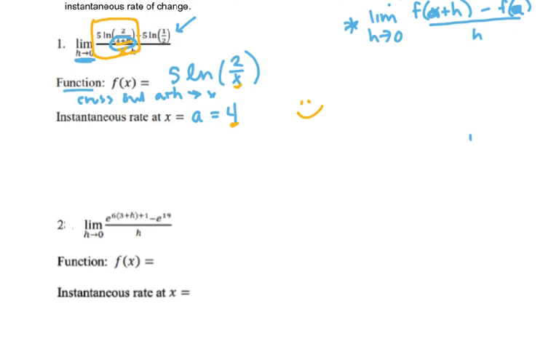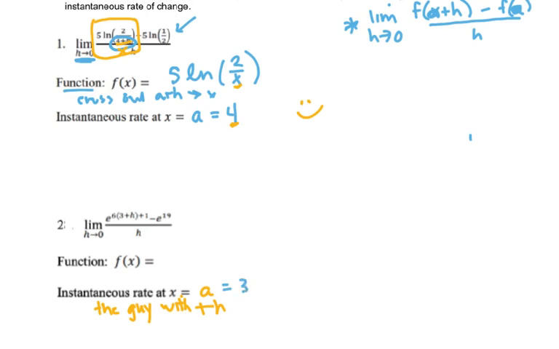Okay, let's use that same idea again. Now, x is going to be what my a value is, and my a is going to be the guy with the plus h. So what do you think a is? You can pause, turn it on.